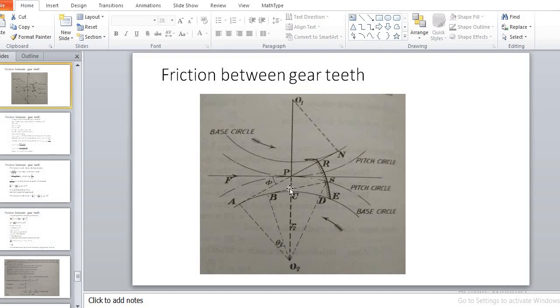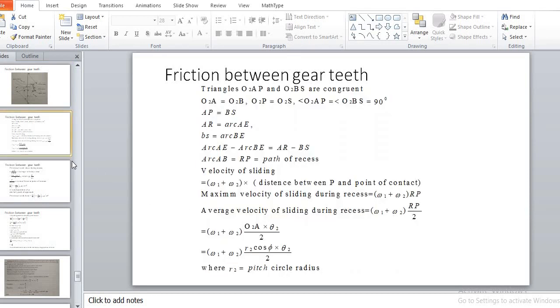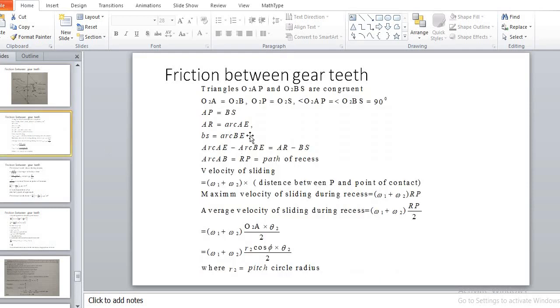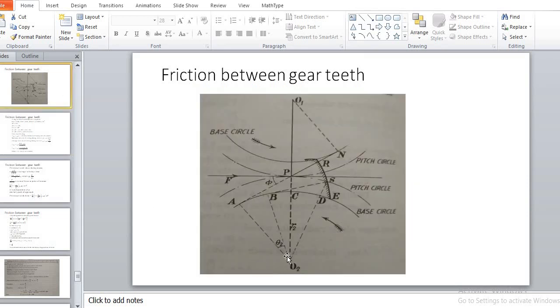As these triangles are similar, these sides are also equal. Again, O2P is equal to O2S. This side and this side are equal. Again, the angles O2AP and O2BS are 90 degrees.